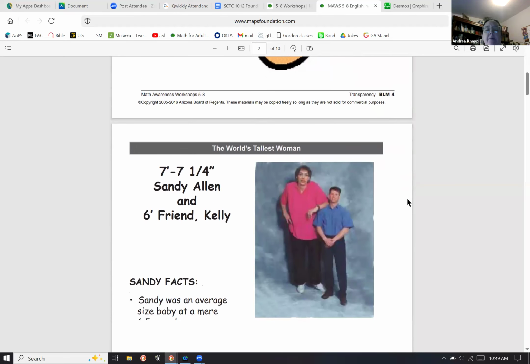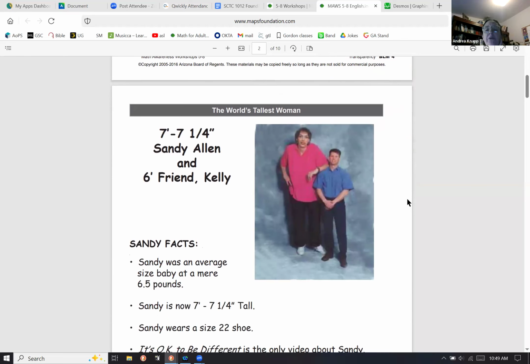And here's actually an example of someone who's really tall, the world's tallest woman. Now, I don't know if this has been exceeded since this curriculum was written, but this woman was 7 feet, 7.25 inches, standing next to a 6-foot friend.